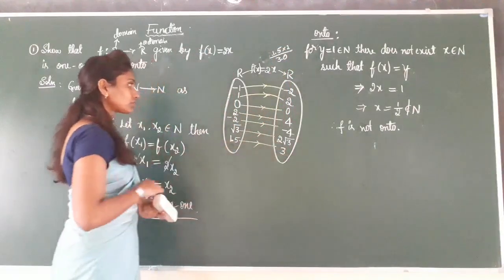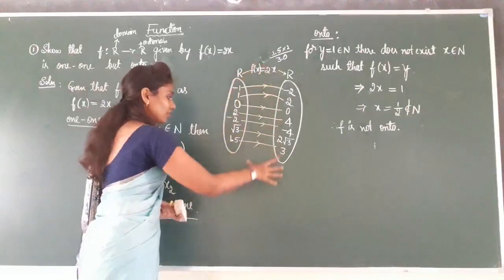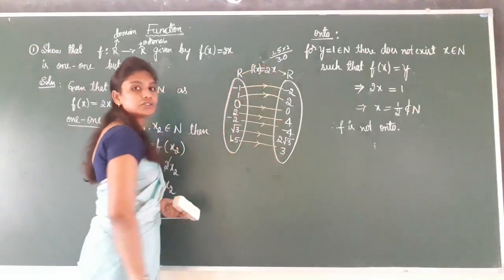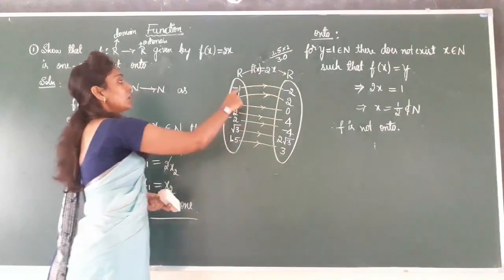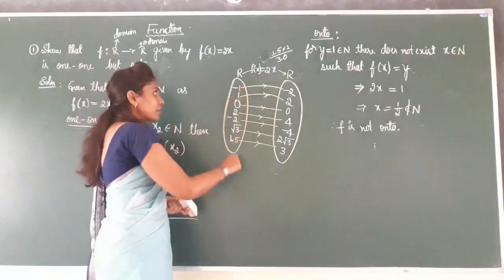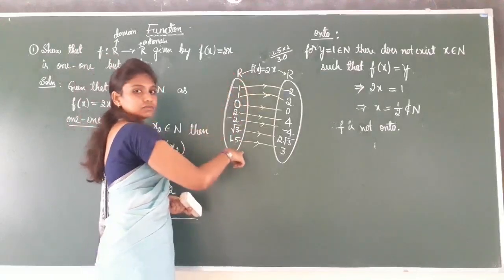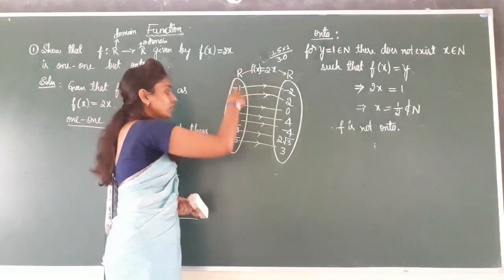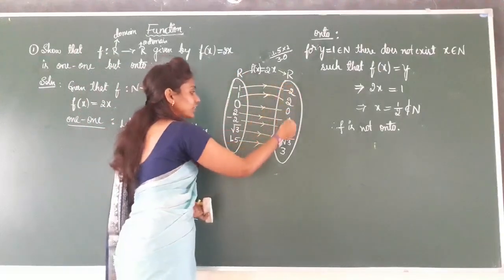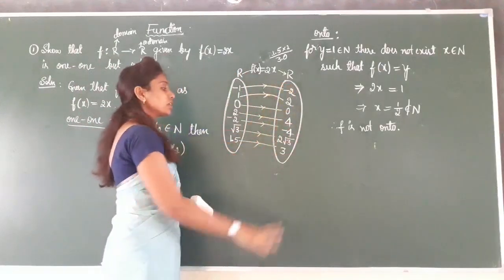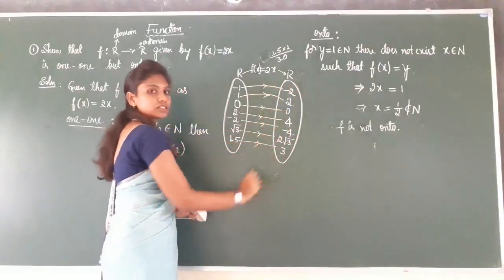Observe here. All distinct elements of the first set have distinct images. That's why this is a 1-1 function.